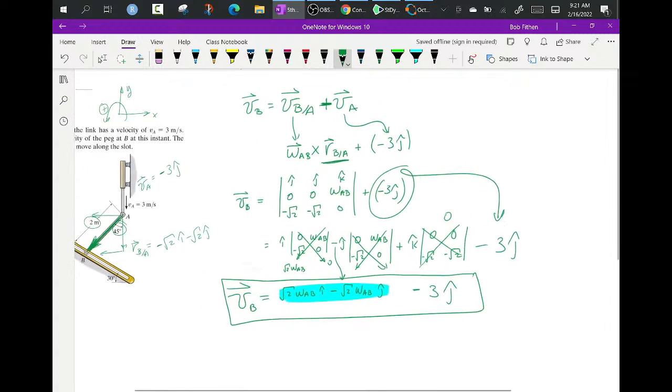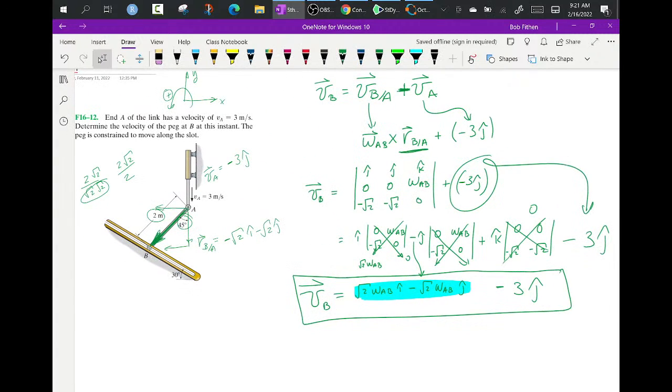In fact, let's stare at it. Let's say, okay, I have a vector which is, let's identify what this whole term is. It is the velocity of B as observed as if you were sitting on A. Let's take a look at this.